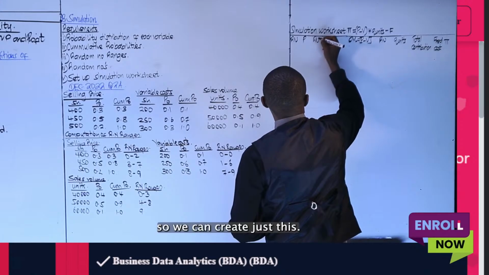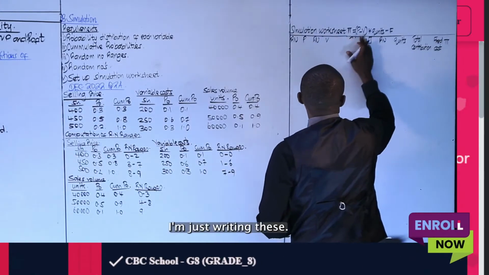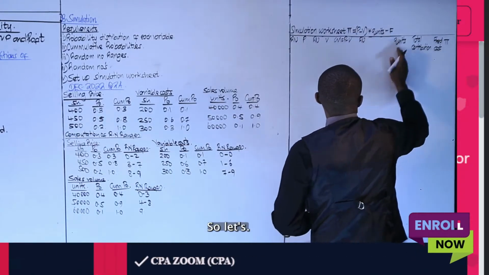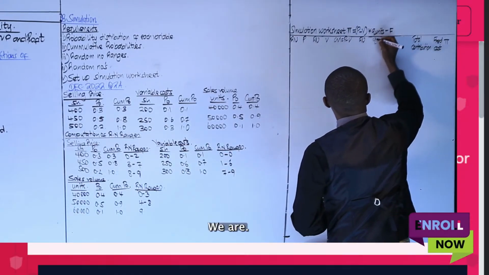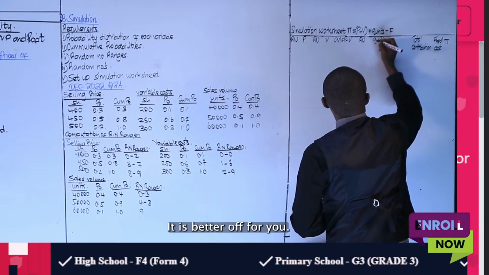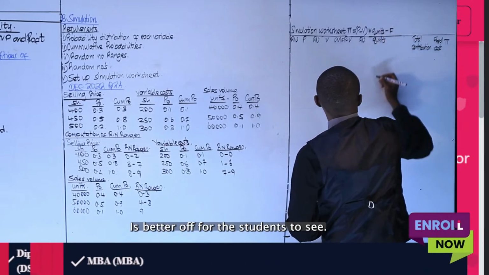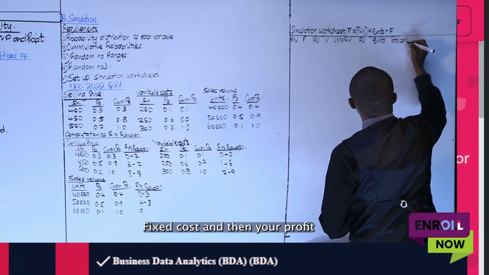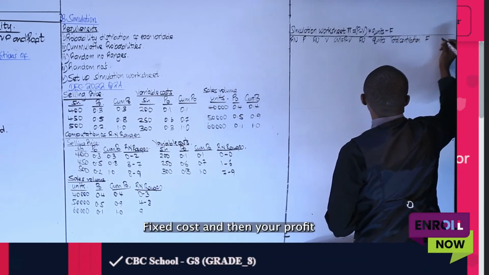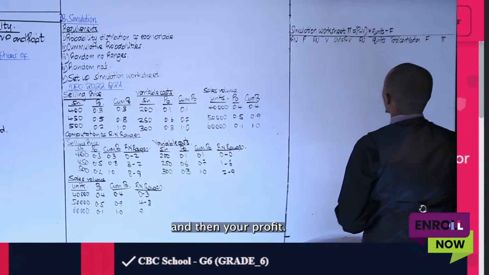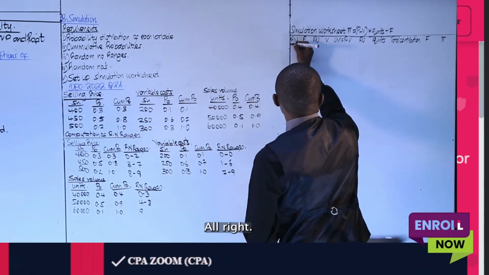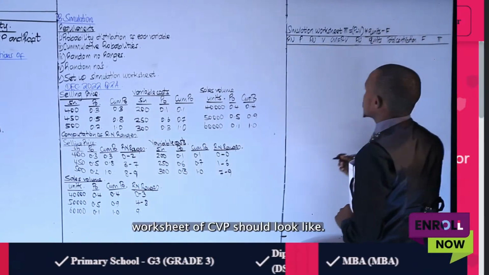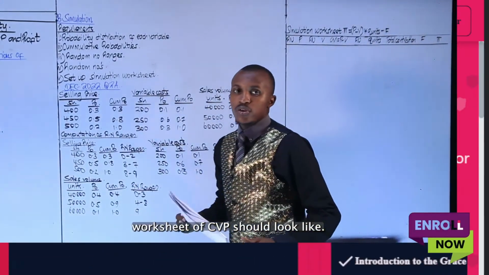I'm just rewriting this so that it is better for the students to see: fixed cost, and then your profit. All right, that is how a simulation worksheet of CVP should look.